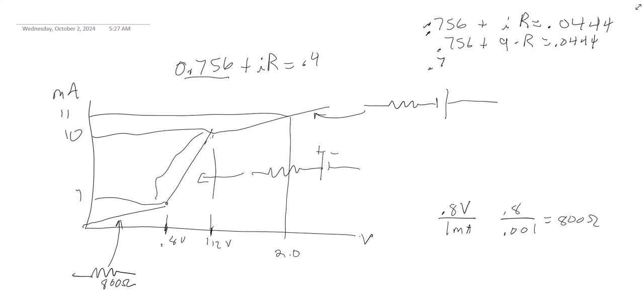I don't even remember what I was doing. So 0.756 volts plus 9 milliamps, that's really 0.009 amps times the resistance. Where did I get this 0.044 from? What did I do? I don't know why I divided it by 9.